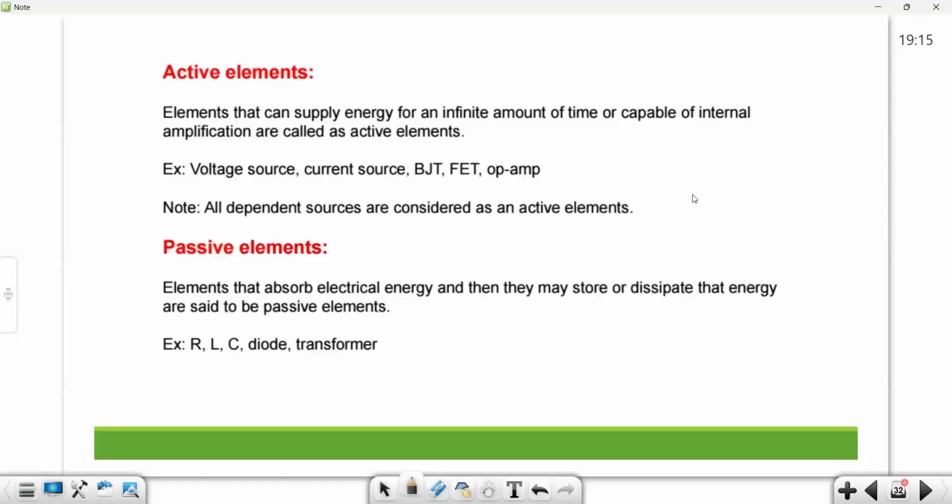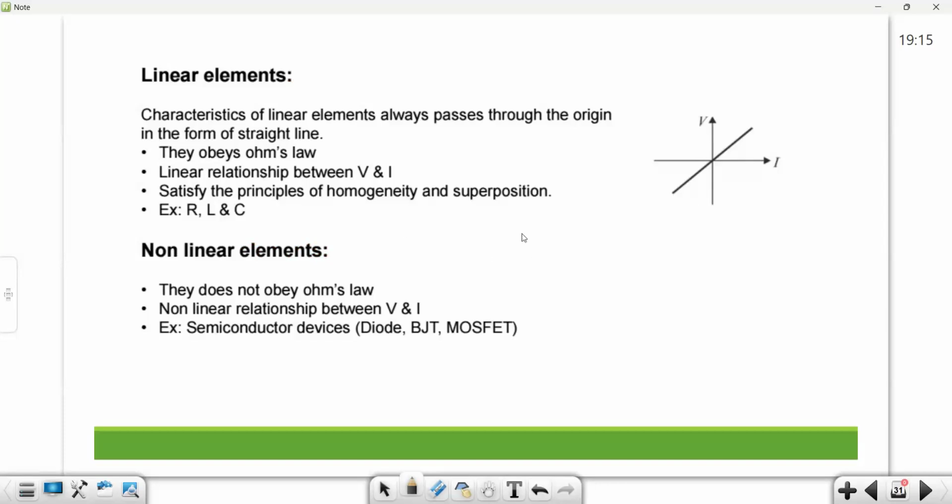And here I'll be drawing. If it is going like this, it is non-linear. If it is passing through the origin, it is linear. Let this be V and this be I, I means current, V means voltage.